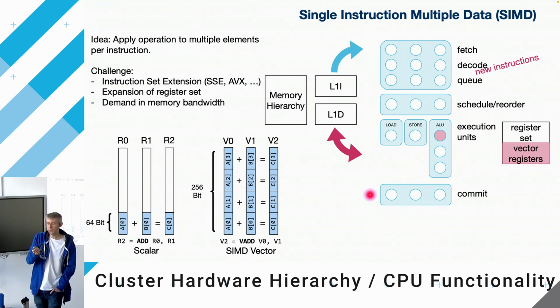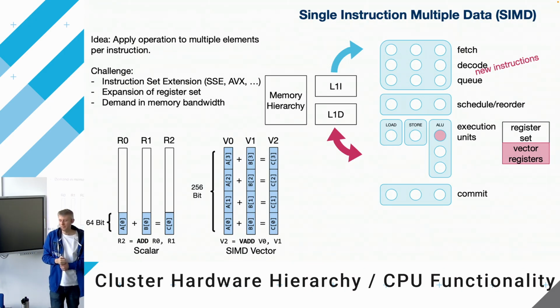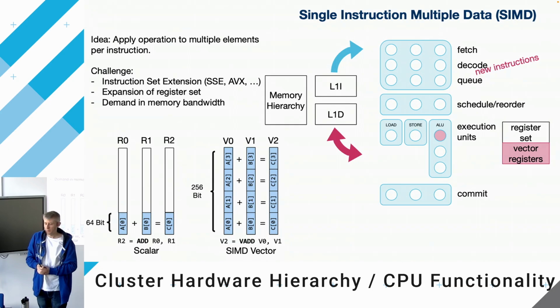We would have invested a lot of resources to make our CPU core more performant. It could execute a lot of additions at the same time, but then we have to wait until the data is trickling in from the memory. This would be a bad investment, so we also have to extend our memory access.